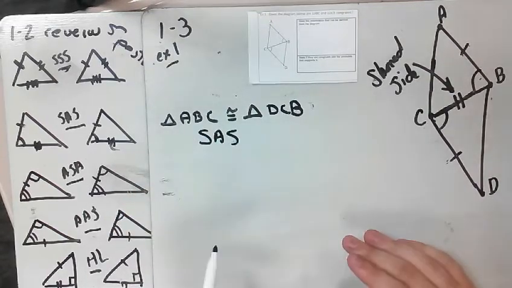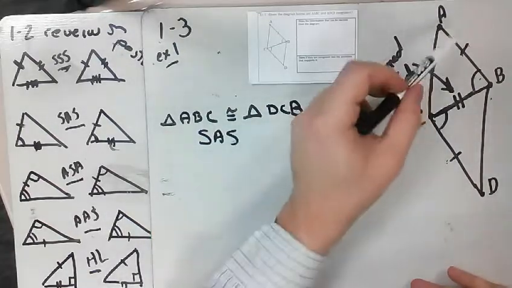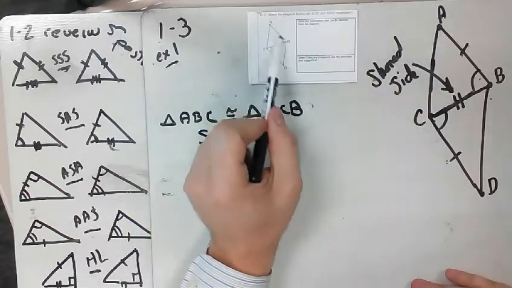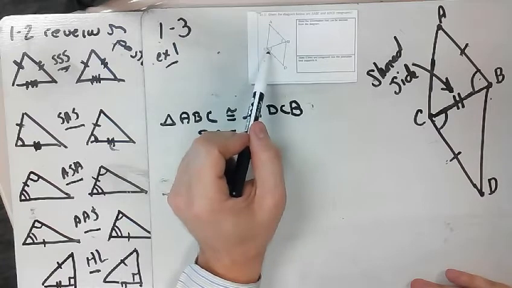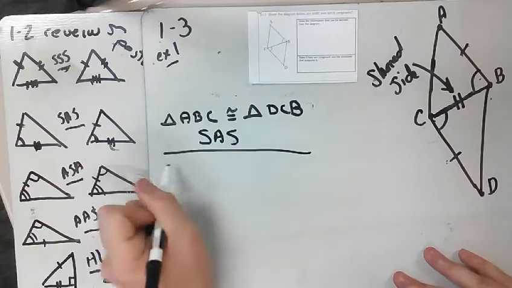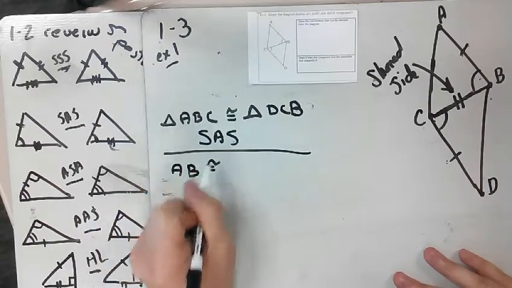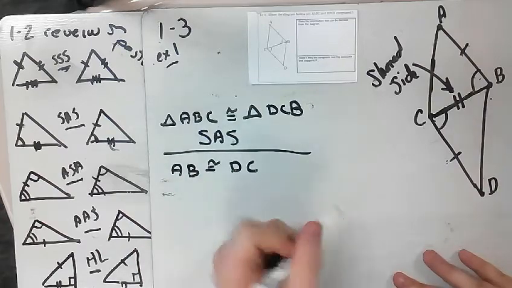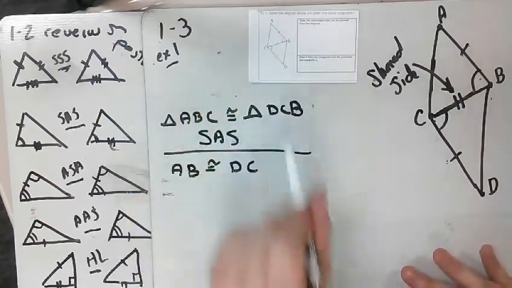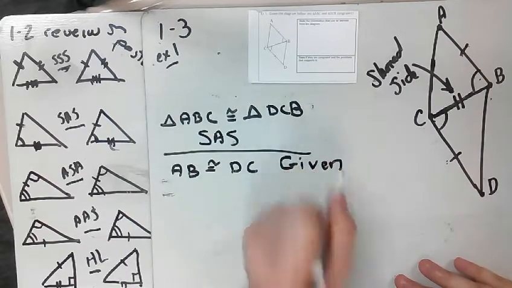Now I have to back up what I said with facts, and I have the facts. We had them here all along. So AB is congruent to DC. I know that because they gave it to us, so I'm going to say it's given.